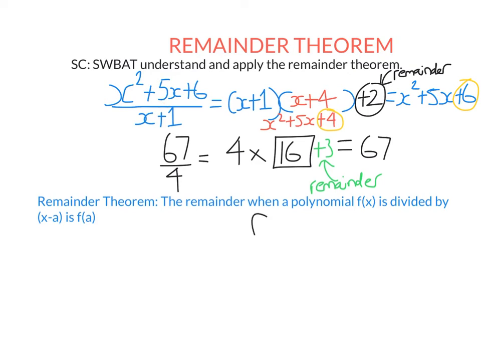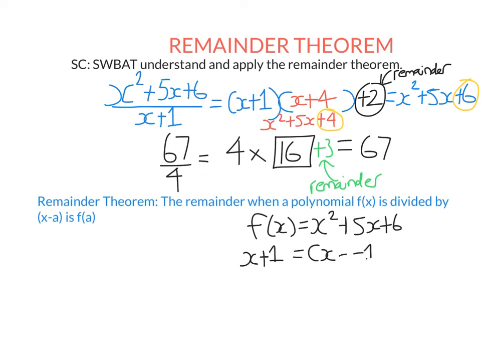So if we let f of x be our polynomial x squared plus 5x plus 6, we're dividing it by x plus 1. x plus 1 we can write as x minus negative 1. So this is our a value here. What the remainder theorem says is the remainder, when I divide this by this, is just this polynomial evaluated at a, in other words at minus 1.